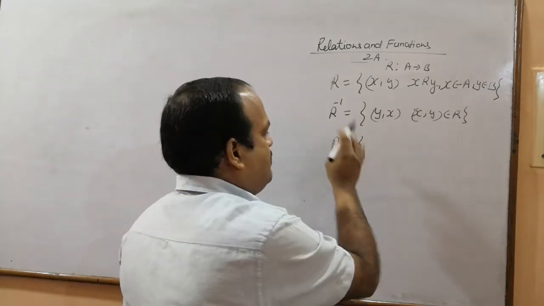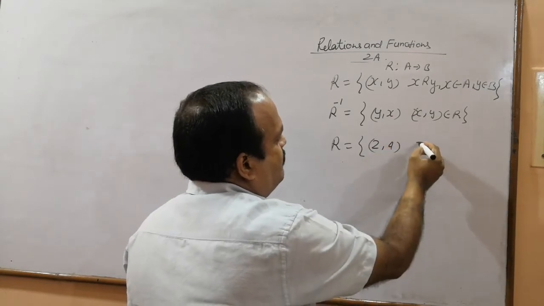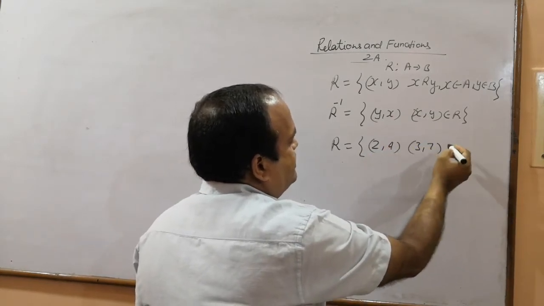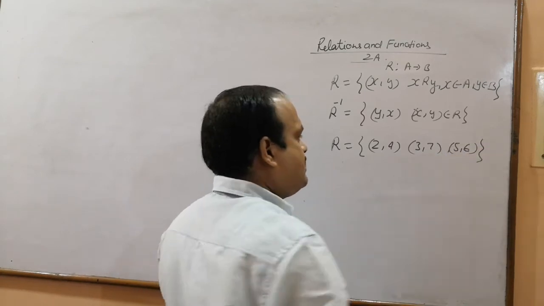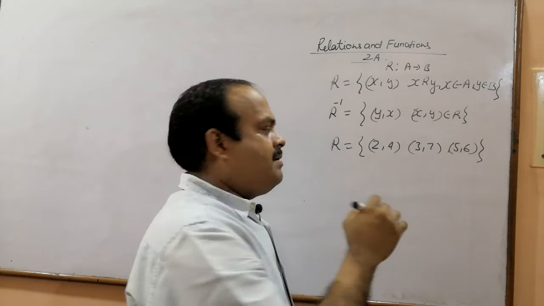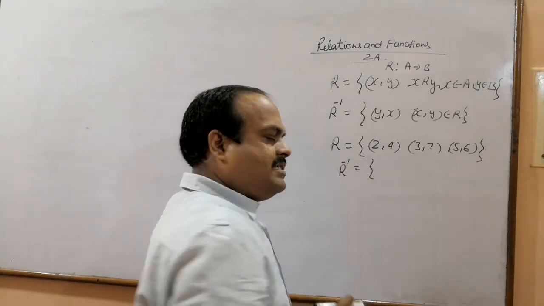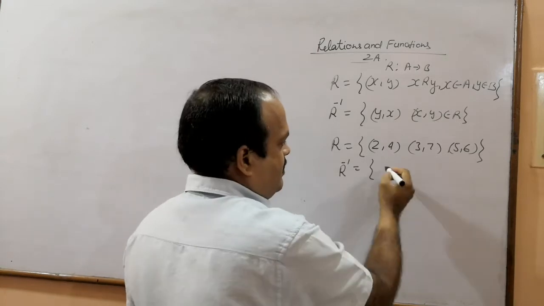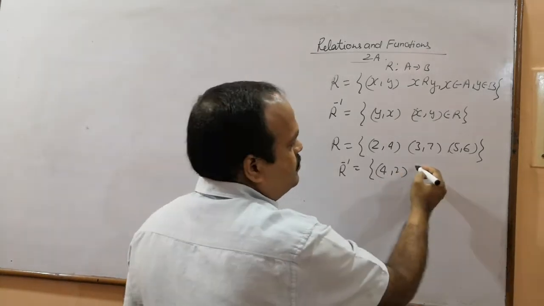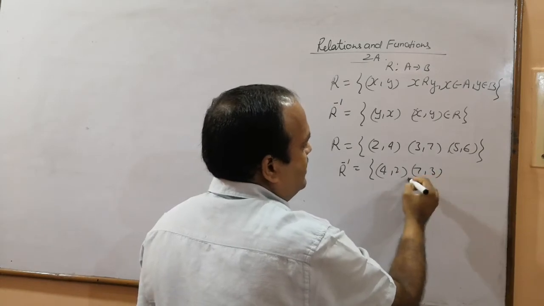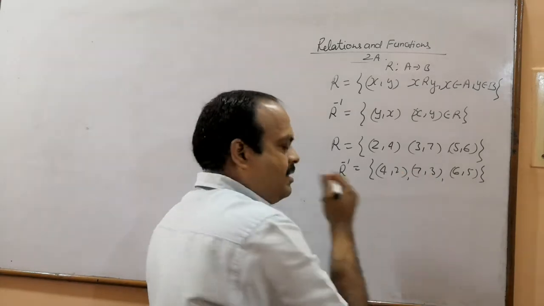Suppose you have a relation R: 2, 4, 3, 7, 5, 6. Then the inverse of relation R will be written like this, and it will have the elements 4, 2, 7, 3, 6, 5.